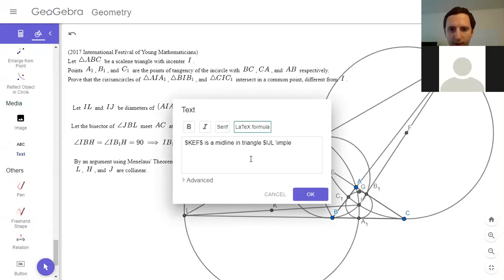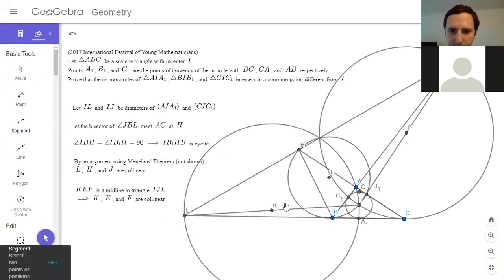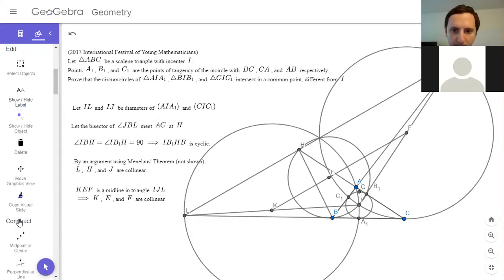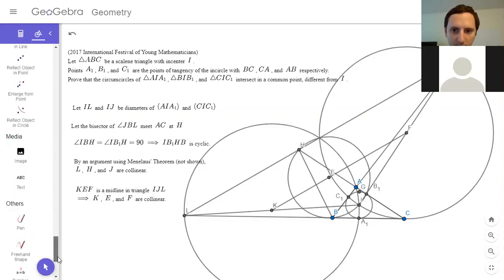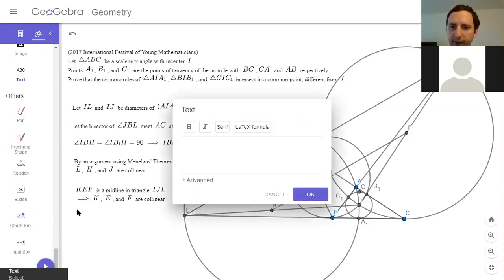So that means that K, E, and F are collinear. And then once we know that, the reflection of I over line KEF passes through all three circles.